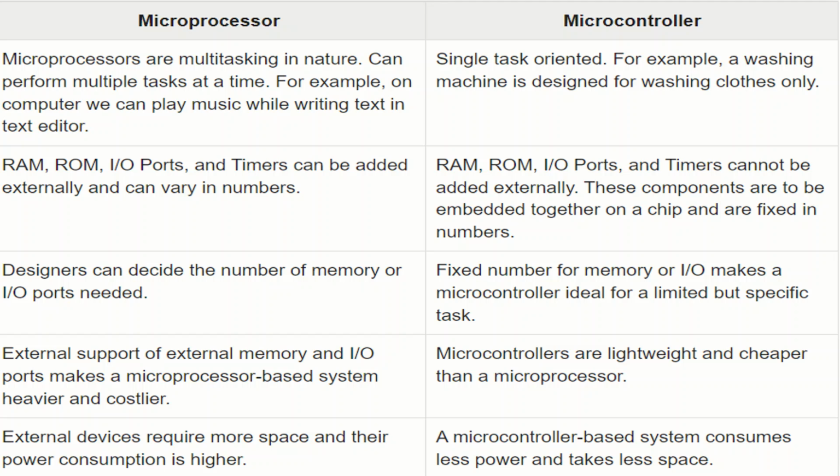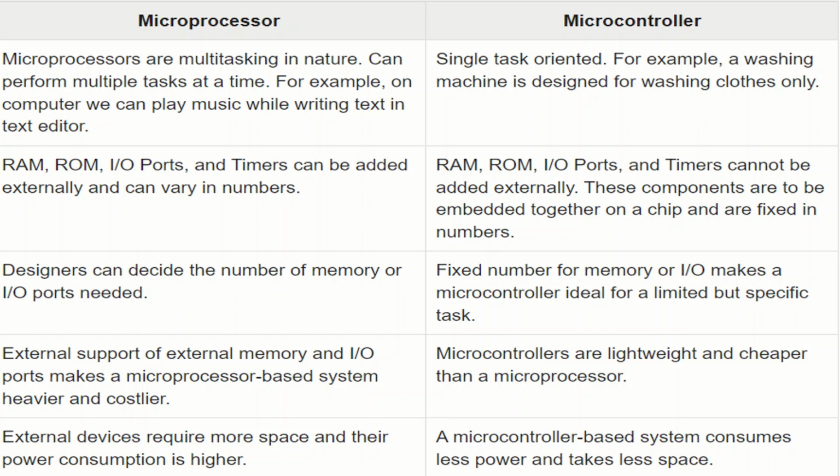External support for external memory and input-output ports makes a microprocessor based system heavier and costlier. Now see, if we are adding anything externally, we are going to add cost to it. So a microprocessor is not that cost effective, it is a little costlier and heavier, whereas microcontrollers, as they are fixed, you cannot modify them nor add anything externally, are lightweight and cheaper.